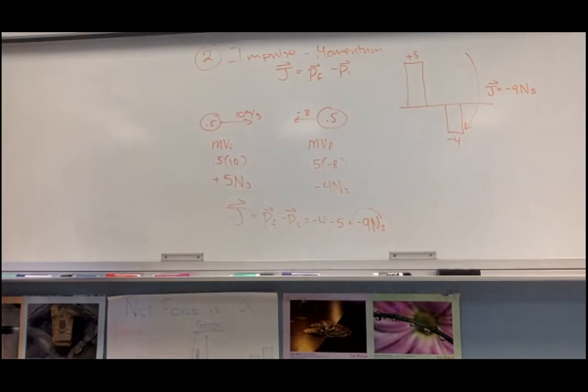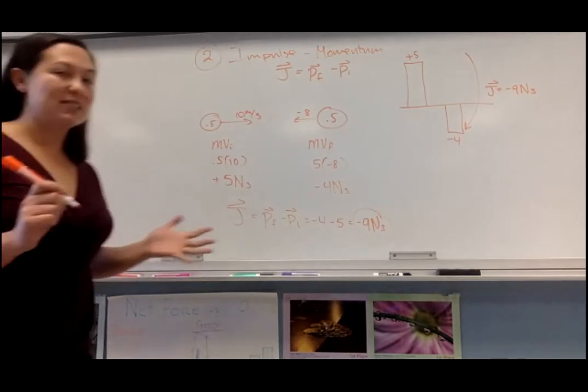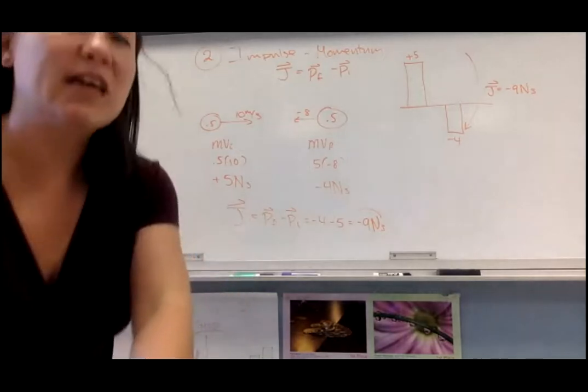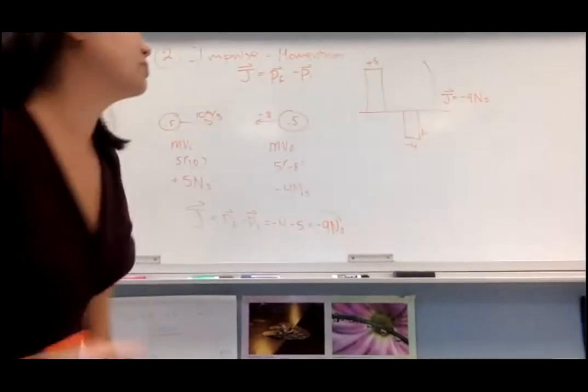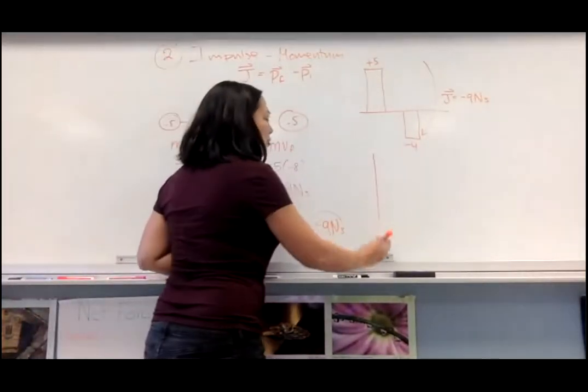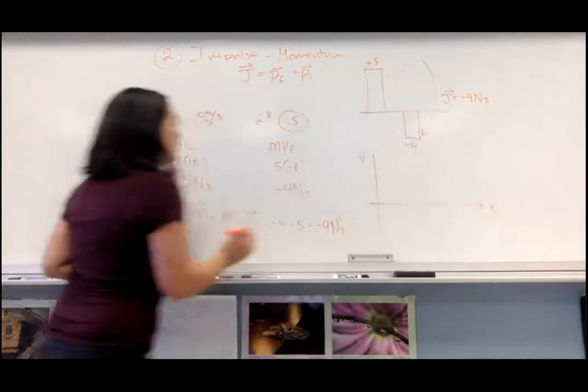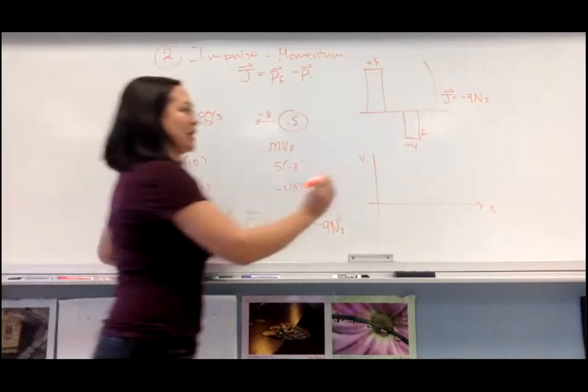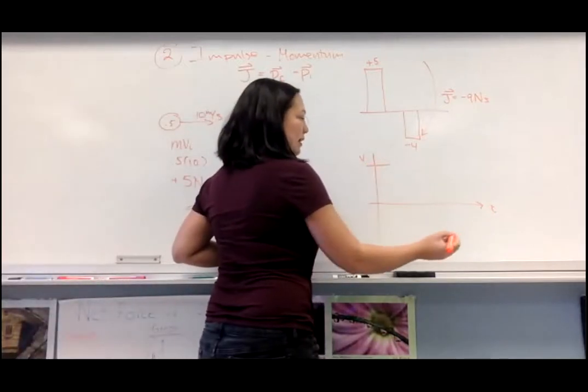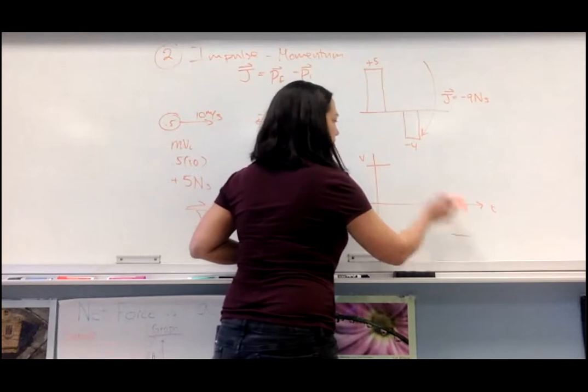The other way you might see this is in a velocity versus time graph. In a velocity versus time graph, you actually don't have to deal with the mass at all. This goes from 10 meters per second to start and ends up at negative 8 meters per second at the bottom.